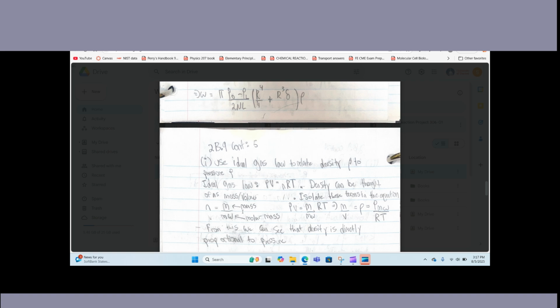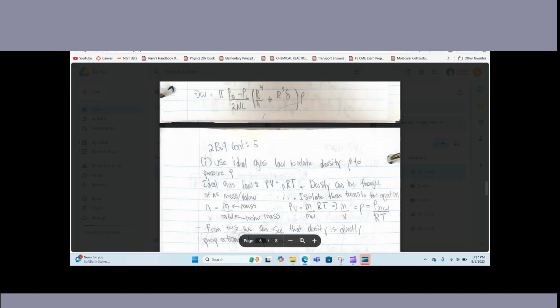So that makes sense. So PV equals mass over molar mass, and density equals mass over volume. So we're isolating mass over volume for density, and rho equals pressure times molar mass divided by RT.